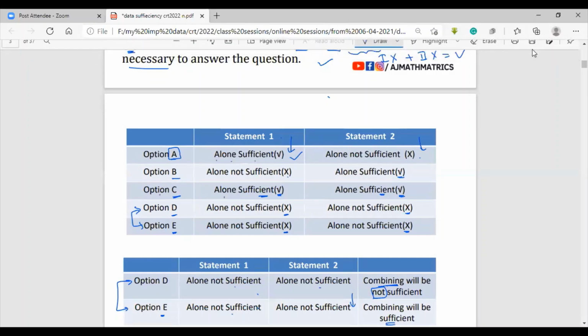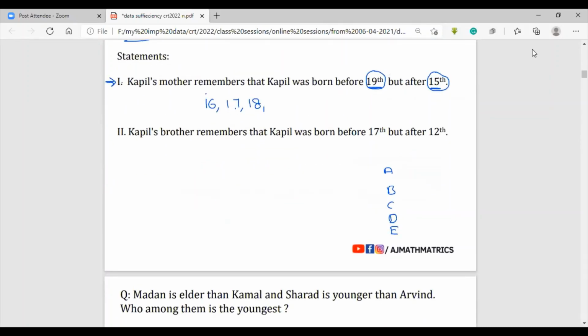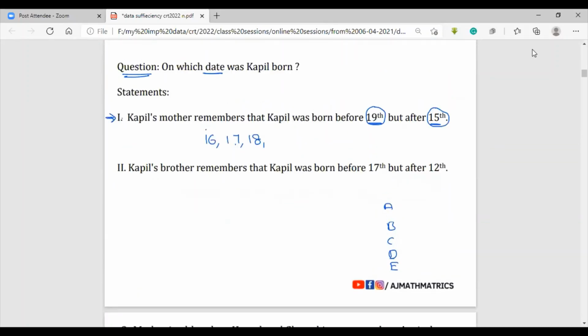And option C also says 1 alone is sufficient. So I am eliminating A and C, because the data in statement 1 alone is not sufficient. Kapil may be born on either 16, 17 or 18.